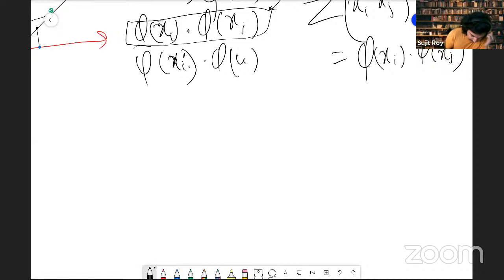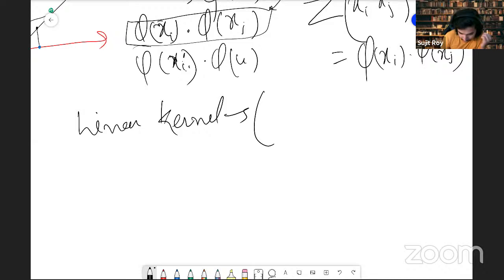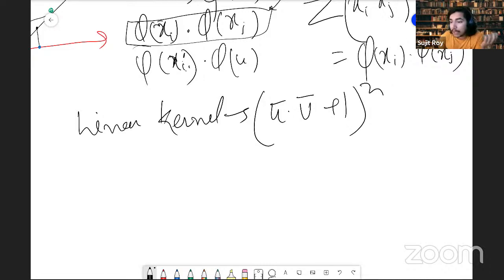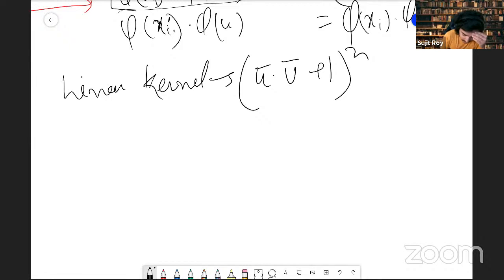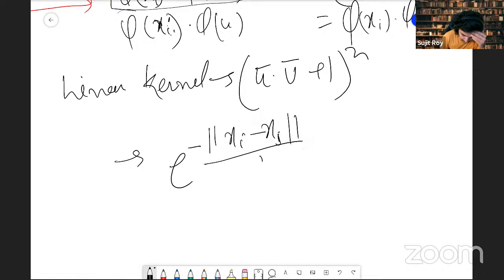Let's say we have a linear kernel. A linear kernel can be written as u dot v vector plus 1 raised to the power of n. And there is another kind of kernel that you can use, which is e raised to the power minus the magnitude of x_i minus x_j, divided by sigma.